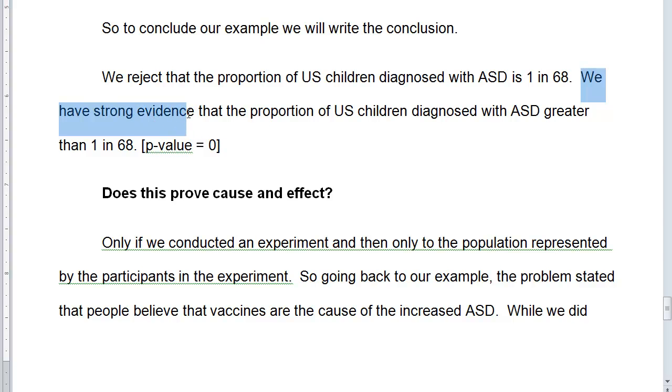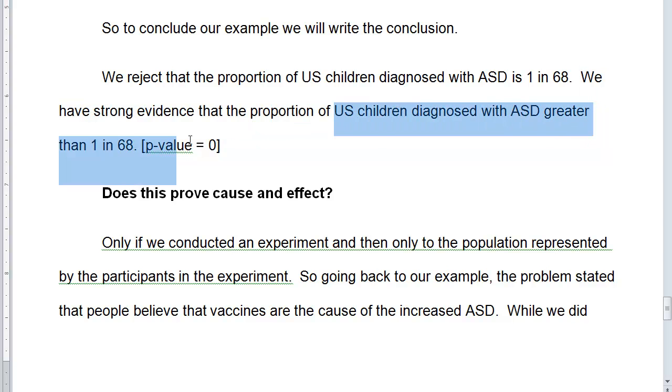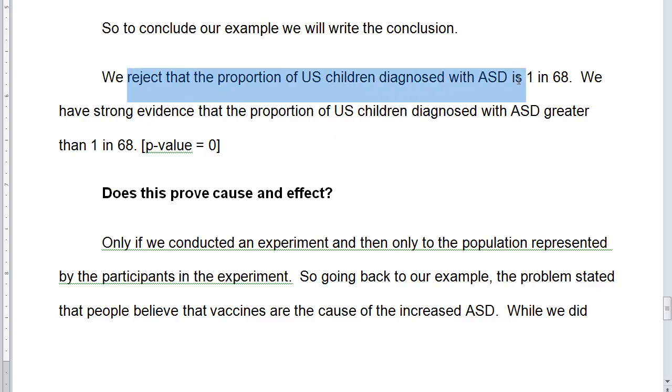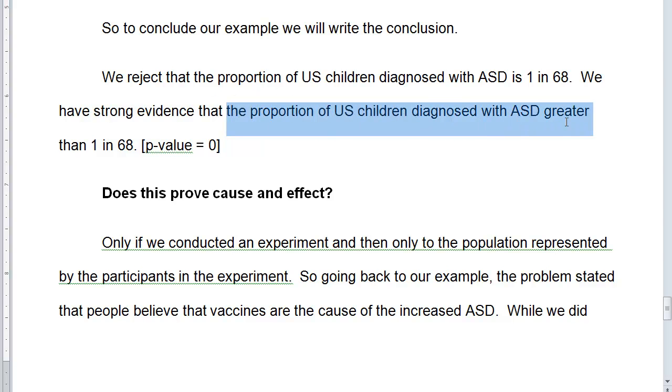The evidence of our sample that we took of 10,000 with 300 children that had ASD, that the proportion of U.S. children diagnosed with ASD is actually greater than 1 in 68. So remember, U.S. children diagnosed with ASD greater than 1 in 68, that's our alternative hypothesis. We're rejecting our null because we have evidence in favor of the alternative hypothesis.